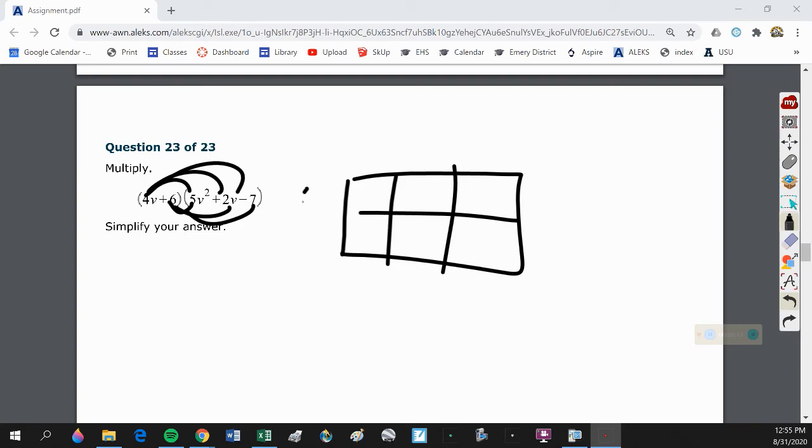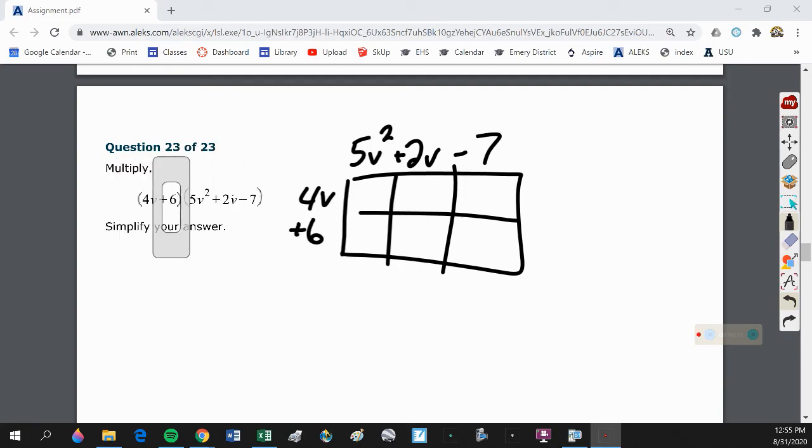So if you use the box, 4v plus 6, 5v squared plus 2v minus 7, I get 20v to the 3rd plus 8v squared minus 28v plus 30v squared, and then 12v minus 42.